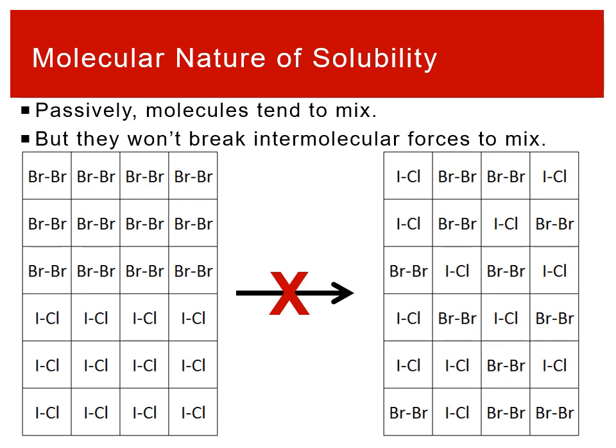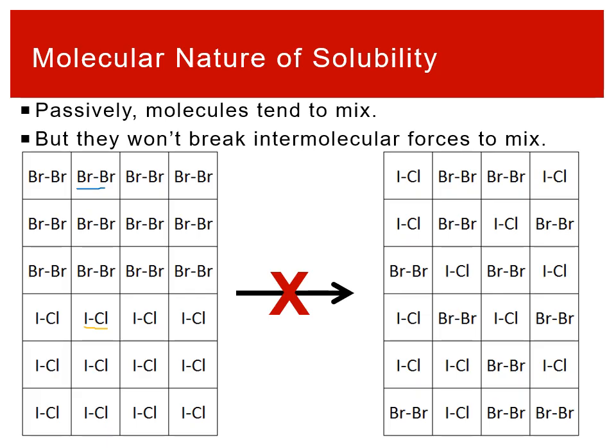And so if we want to think about what happens if we try to make a solution from things that have different polarity, say we have bromine, which we've seen is a nonpolar molecule because it's two of the same bromine atoms. And iodine chloride is polar because it's two different types of atoms.